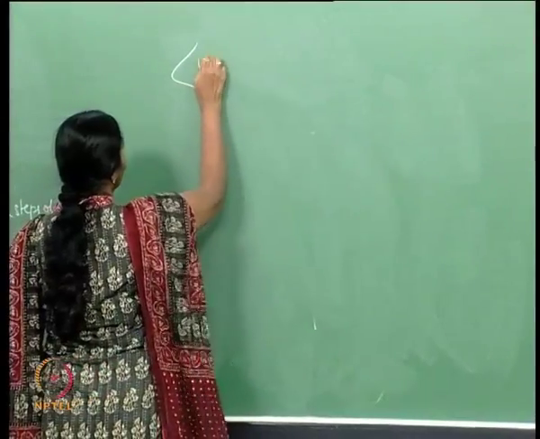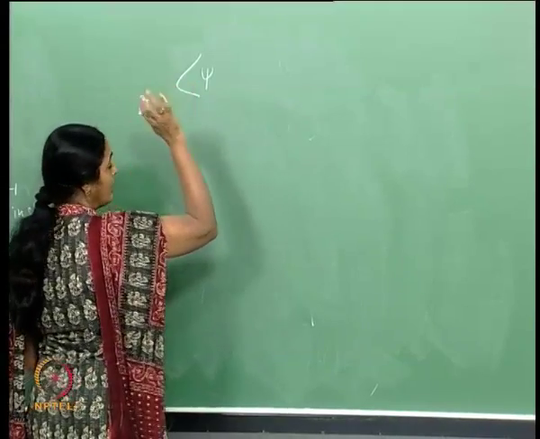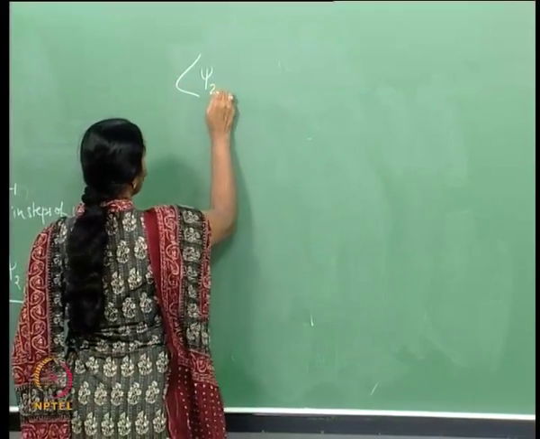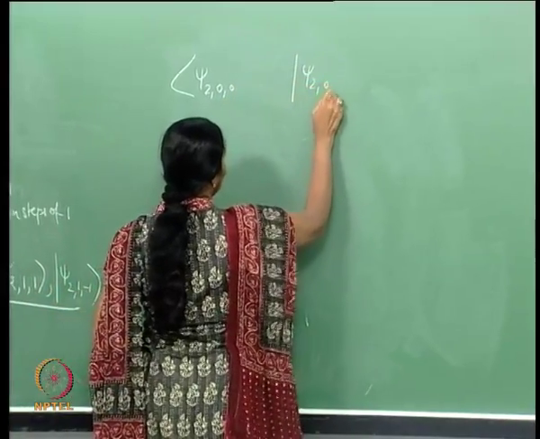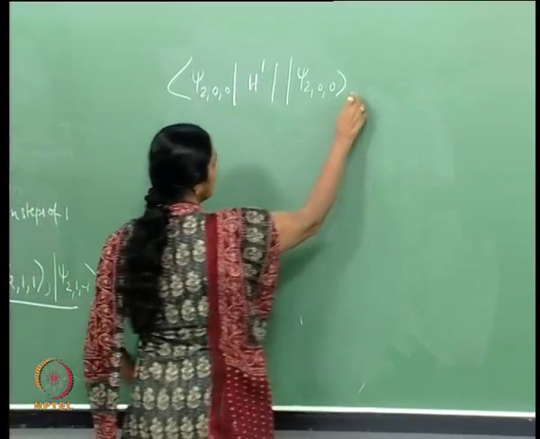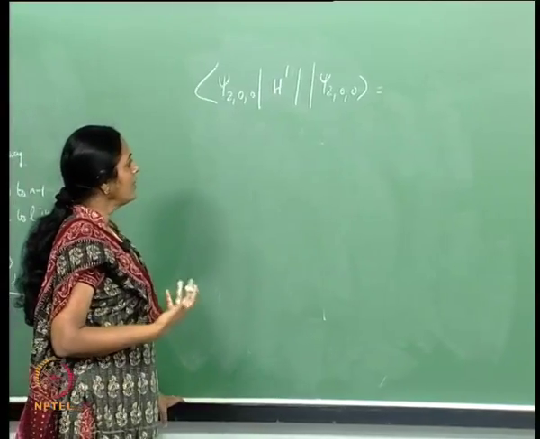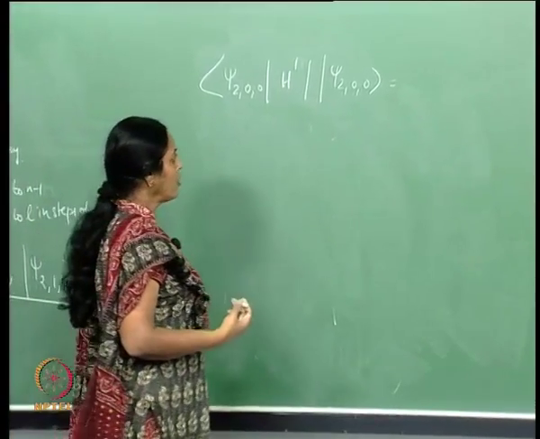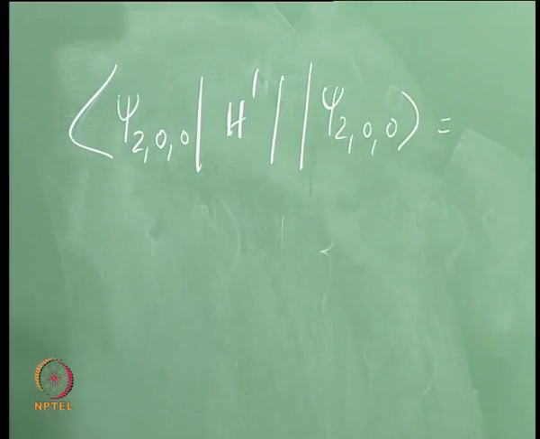If I am looking at the off diagonal elements of H prime, I need to consider psi 2 0 0. Suppose I started with psi 2 0 0 and I did this. This object is going to correspond to the energy to first order, and that is 0.